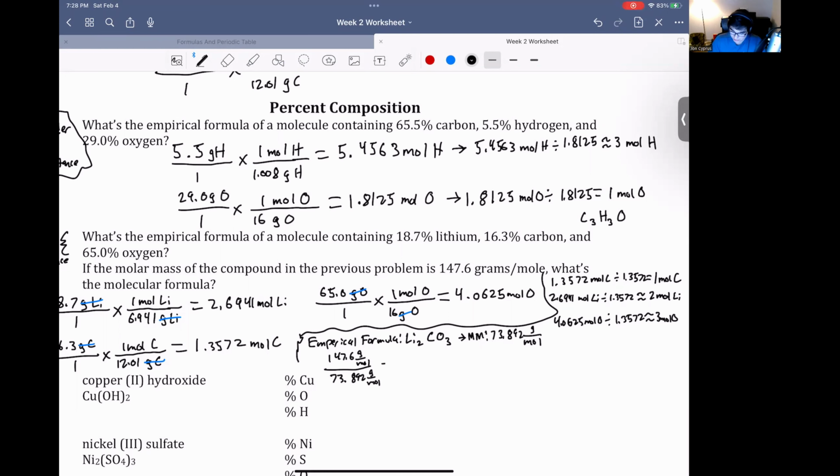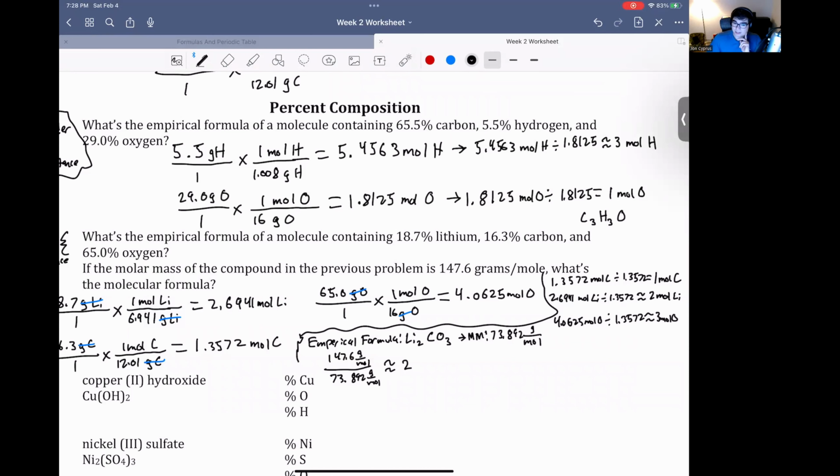Again, this is going to tell us how many times bigger your molecular formula is than your empirical formula. And you should end up getting about a whole number. You shouldn't end up getting like a 1.6 or something. If you did, I would check your math and make sure everything is correct. So this is about 1.99, 1.998. So this is about 2 times bigger.